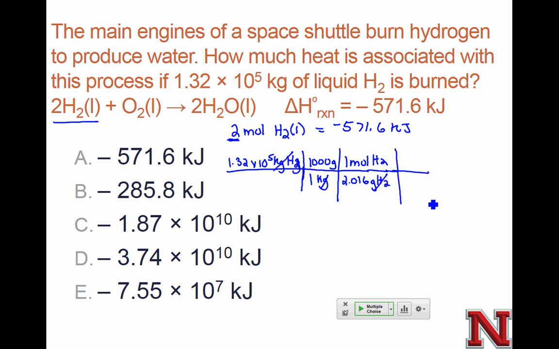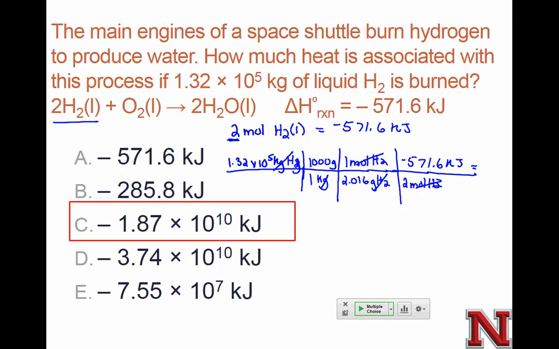And now we can use our relationship from our change in heat to our 2 moles of H2. We want our moles at the bottom so they cancel out. And then our negative 571.6 kilojoules at the top. And when we calculate that, we get C.